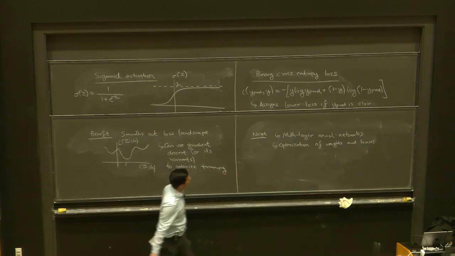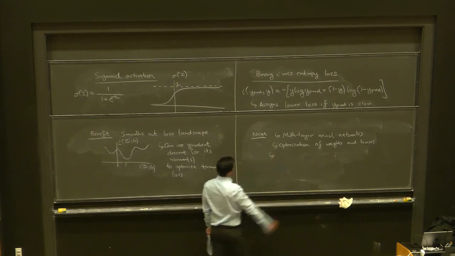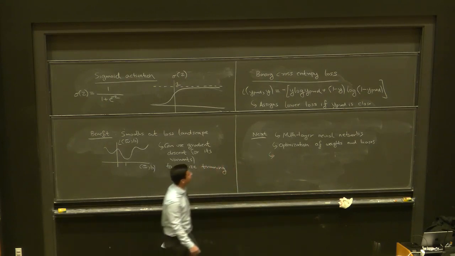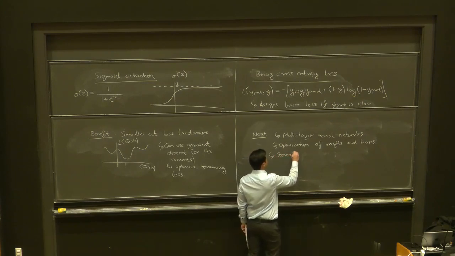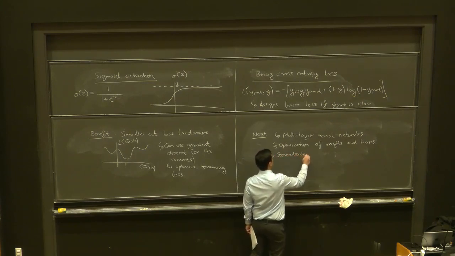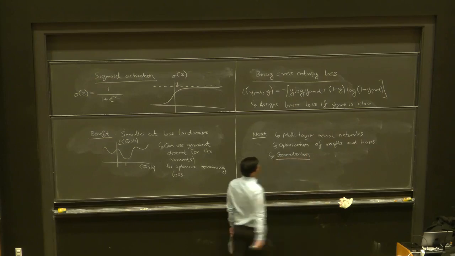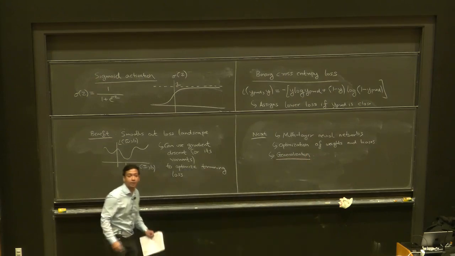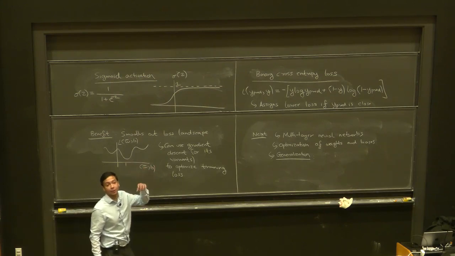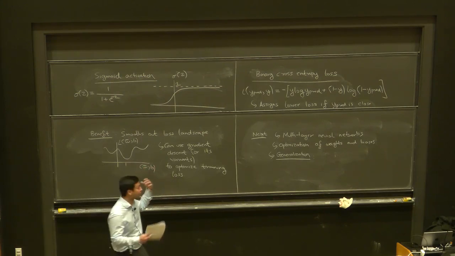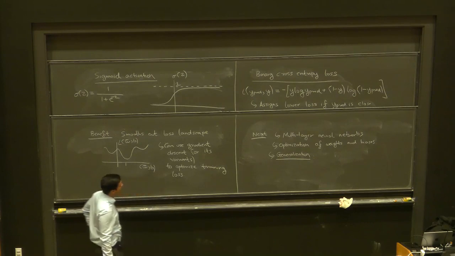And the last thing we'll talk about is super important, which has to do with generalization. So the scheme that I described so far is choosing some weights and biases to minimize the training loss, to fit our training data as well as possible.